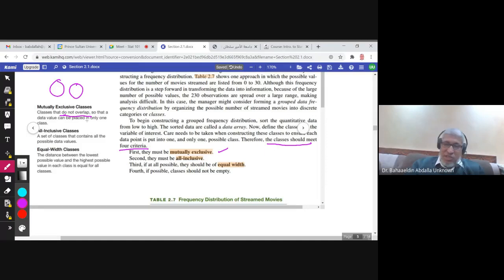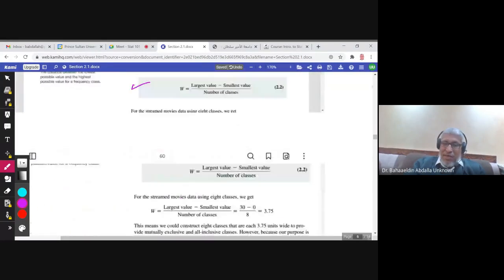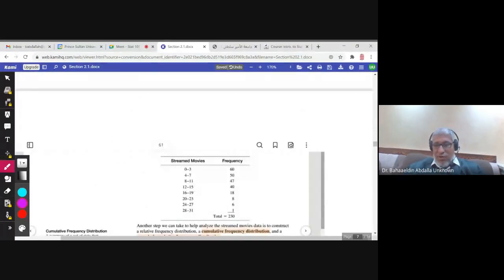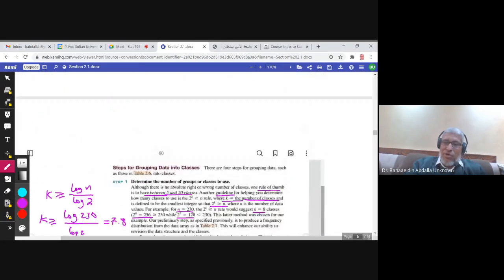If the first class is from 0 to 3, then the second is from 4 to 7. That means the 3 should be in the first class, not in the second. There is no intersection: 0 to 3, 4 to 7, 8 to 11. Each value will be contained in one and only one class. This is the meaning of mutually exclusive.